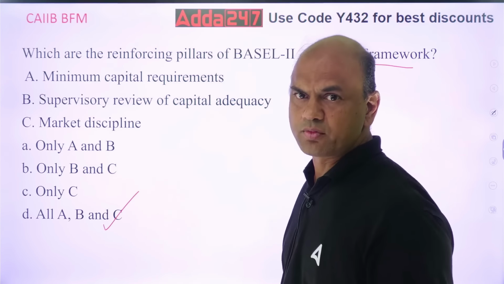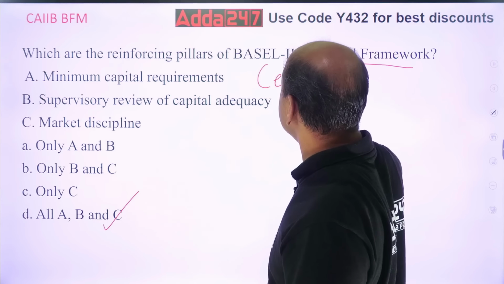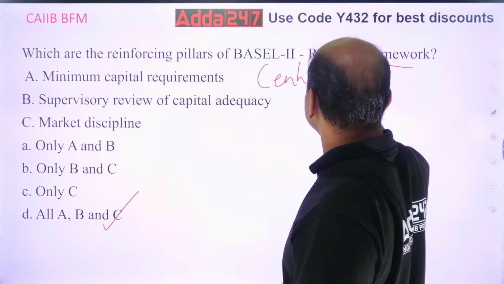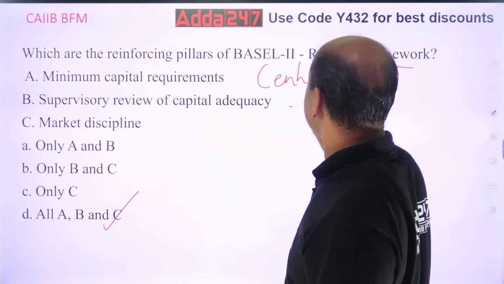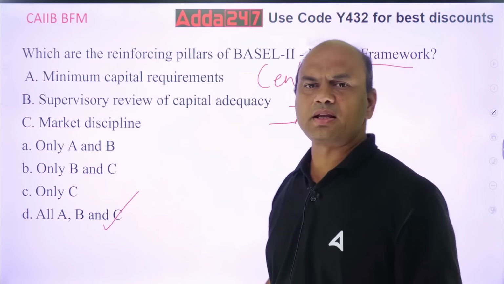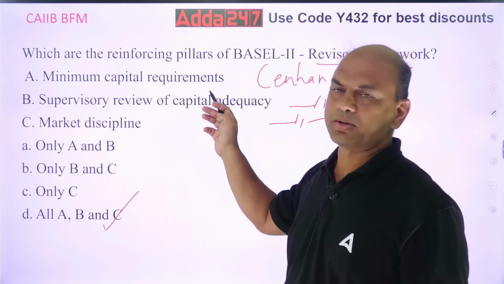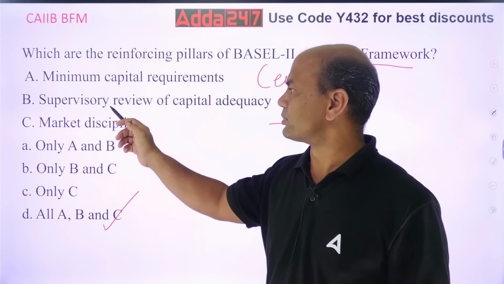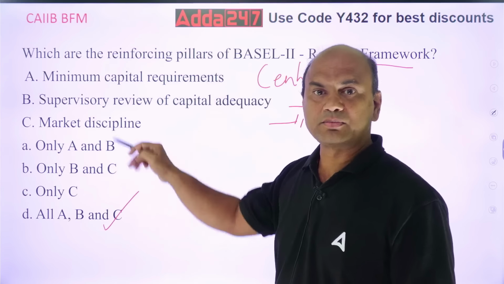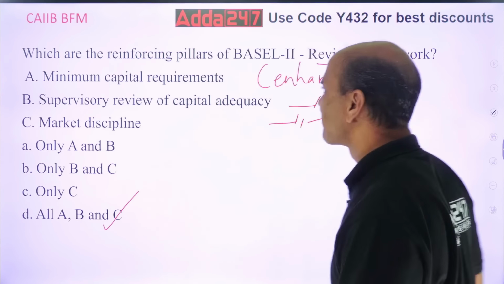Only in Basel III, everywhere you have the word enhanced. Here also, here also. Basel III has only one word added, that is enhanced minimum capital, enhanced supervisory review, enhanced market discipline. Pillars are same. Okay?